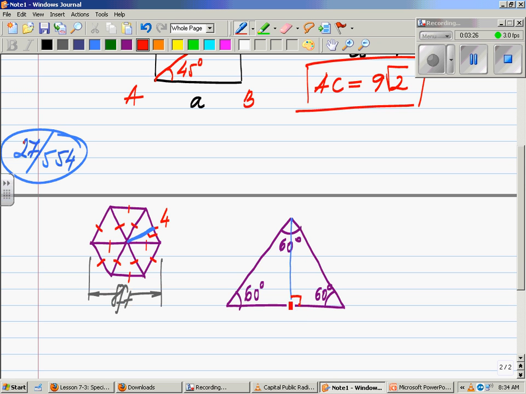This altitude will also be what? The altitude in an equilateral triangle, or even in an isosceles triangle, will bisect your angle here, right? So this angle will be congruent to that one. How big will each one be? 30 degrees, right?